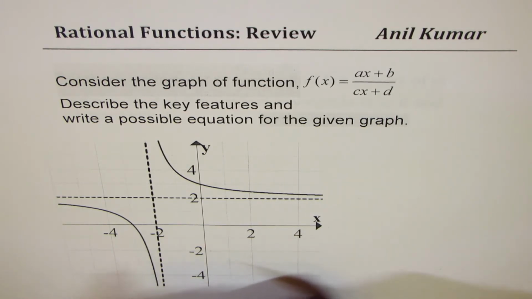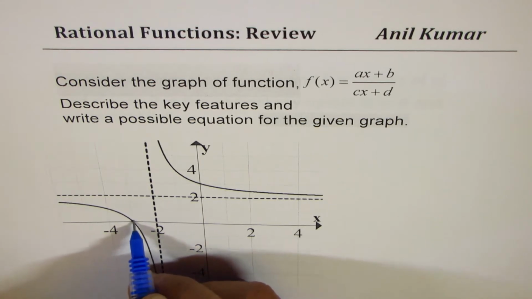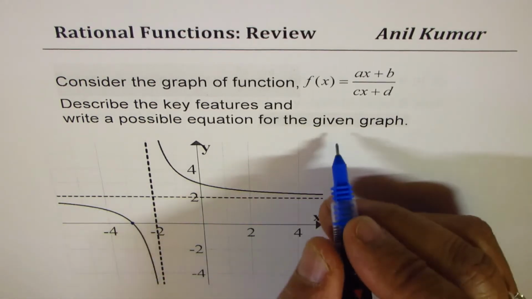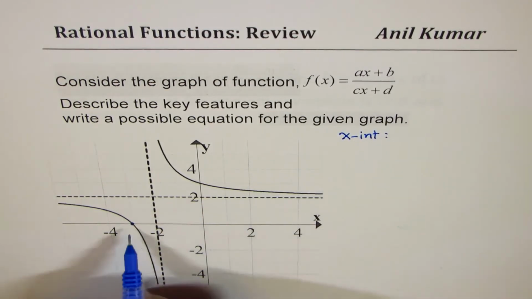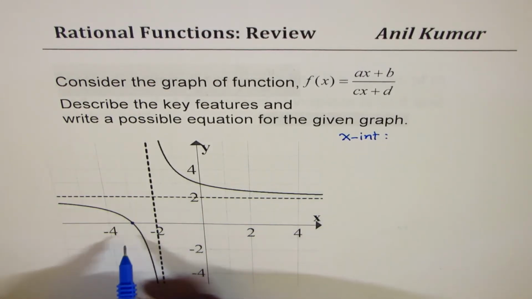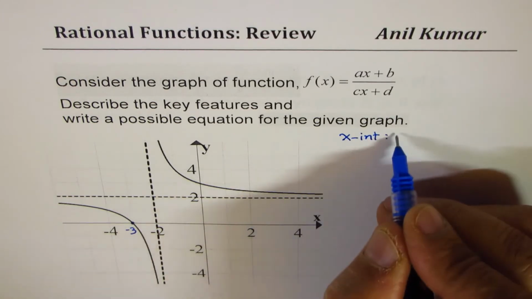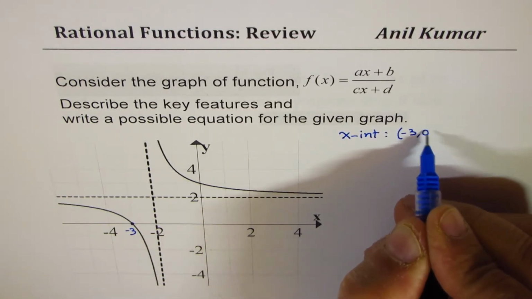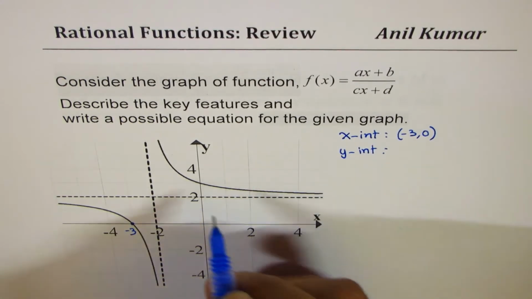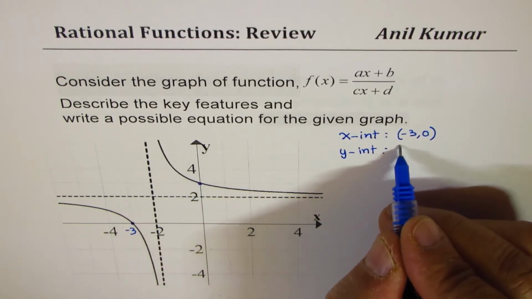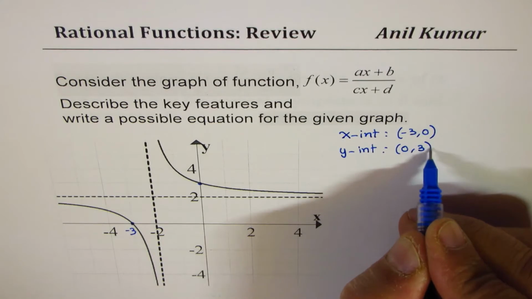Let's follow the sequence which we did last time. The x-intercept is what? Let me write down. The x-intercept is at, this is minus 3, right? So we'll write this point as minus 3, 0. The y-intercept is here, which is 0, 3.